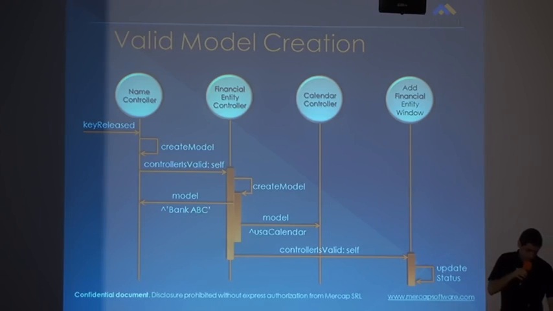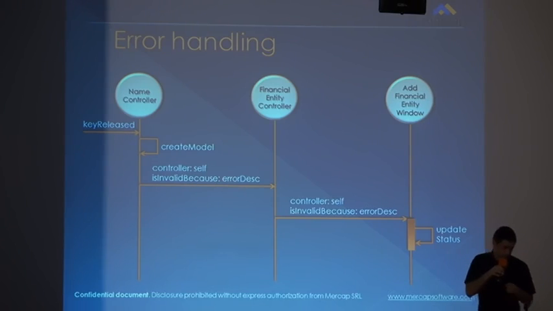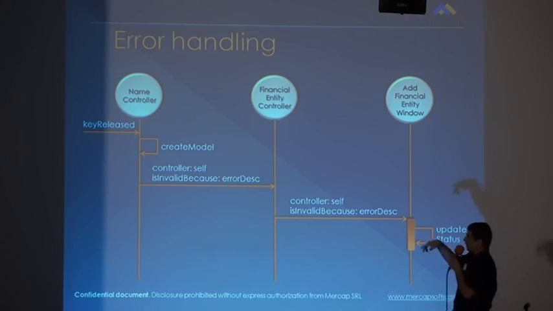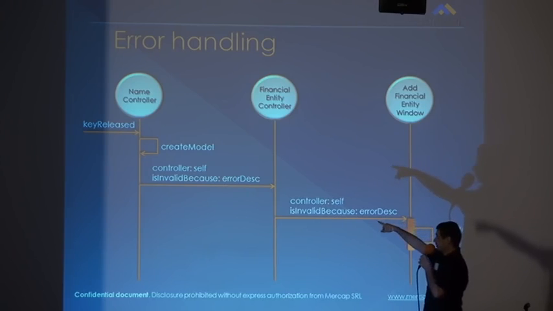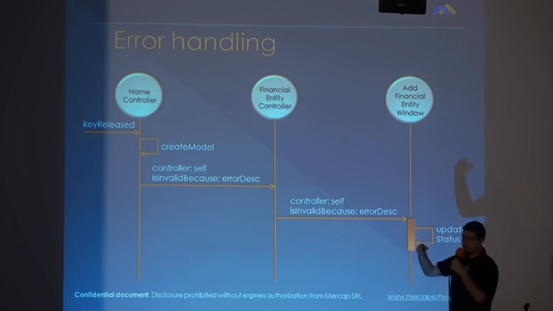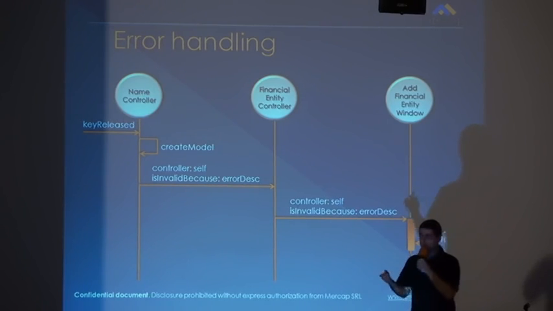Well, this was the case where model creation is successful. Let's see now how we handle the errors. Again, when we leave the name field empty, we receive a key release notification, and when the text controller creates its model, text controllers typically have a parser to check if the string entered is empty or not.